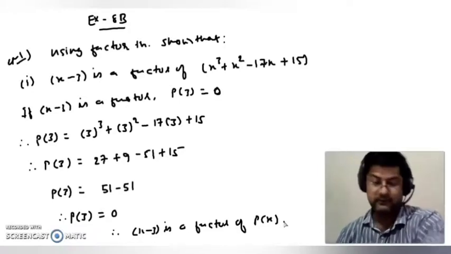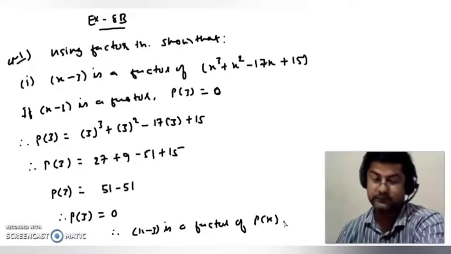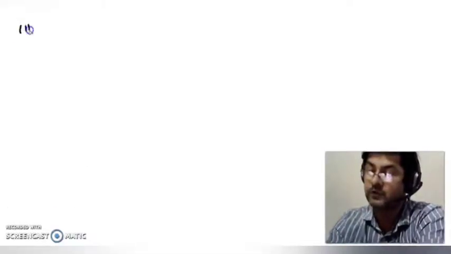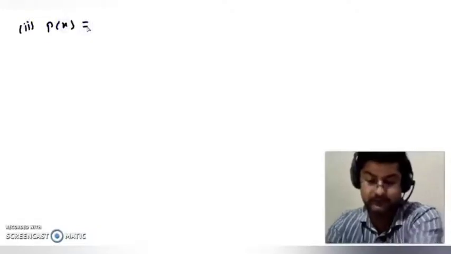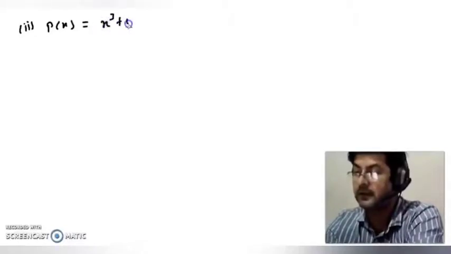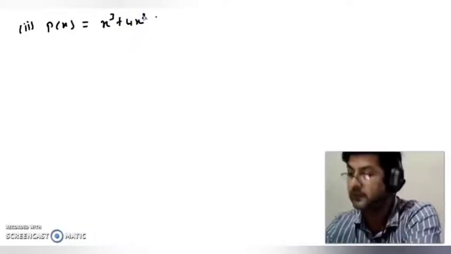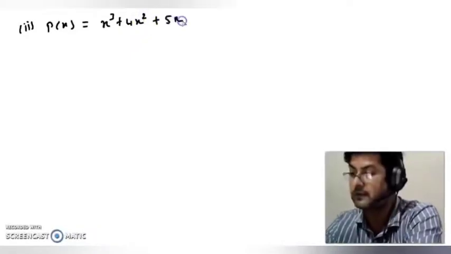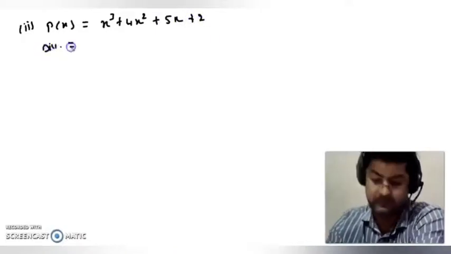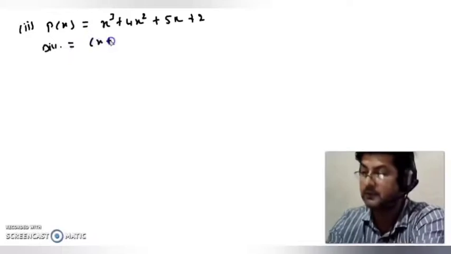Okay, so similarly we can solve the second one. Number 2, here polynomial p of x is given, x cube plus 4x square plus 5x plus 2, and divisor is x plus 1.